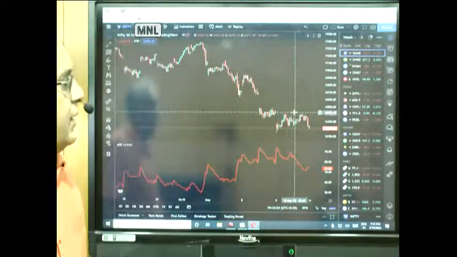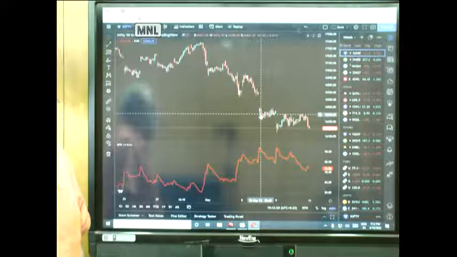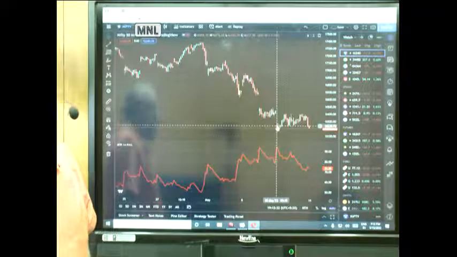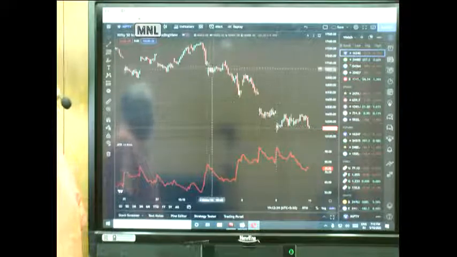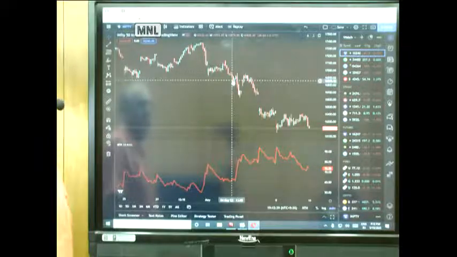Say on this day you are on the short side, next day you are definitely at a profit. Here you are on the short side, next day you are at a profit. Similarly here, on the short side, next day you have some profit.